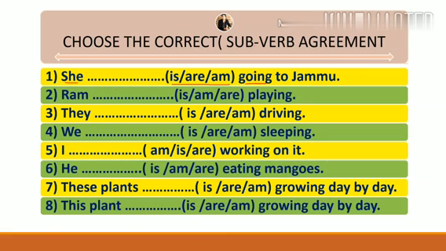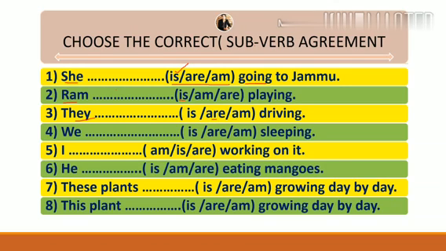So you can choose any one of these three, but you have already studied the different rules. Now you can simply write for she. When there is she, you can make use of is instead of any other thing. In the second example, there is a name, and you can again make use of is. If we talk about they, you can again make use of are.